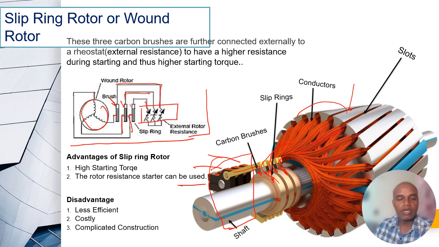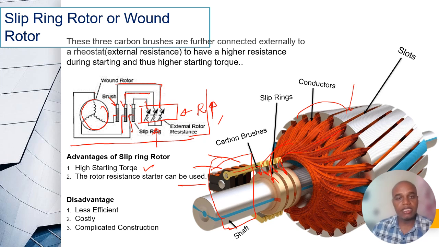I can also insert an external resistance over here. When we see the torque relation for the induction motor, we will see how increasing the resistance of the rotor also increases the starting torque, and how it can also control my starting current.